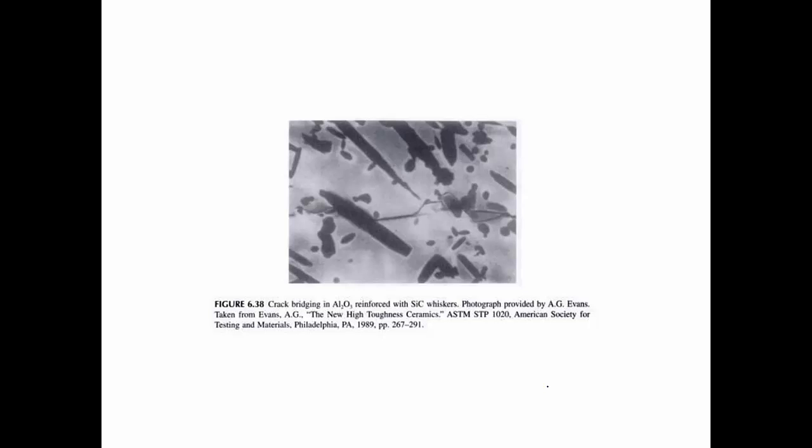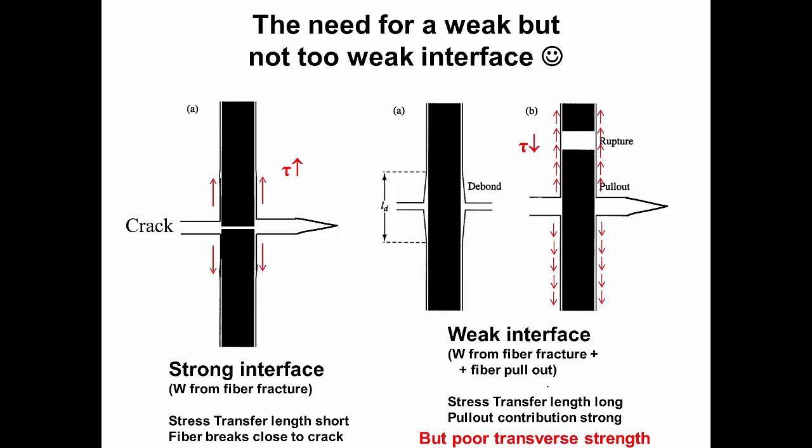So you see the same kind of example. It's a very common technique trying to increase the microstructural contributions to fracture toughness for ceramics, and in a way can be promoted by the presence of weak interfaces. The reason that weak interfaces play a role is that if the interface is very strong and a crack comes normal to the direction of the fiber, a strong interface essentially will get the fiber broken there.